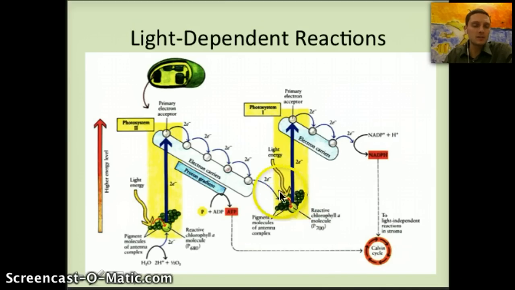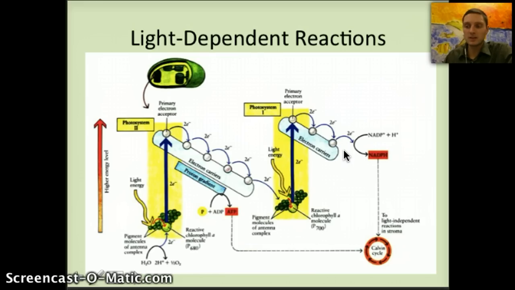The electrons that are deposited here again move through these pigments, and with more light absorbed, they're excited to a higher level of energy, and those electrons are going to be moved through an electron transport chain again. So there's a second electron transport chain.